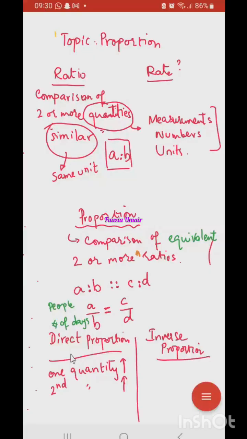Equivalent is like in fractions, like 1 by 2 is equivalent to 2 by 4.